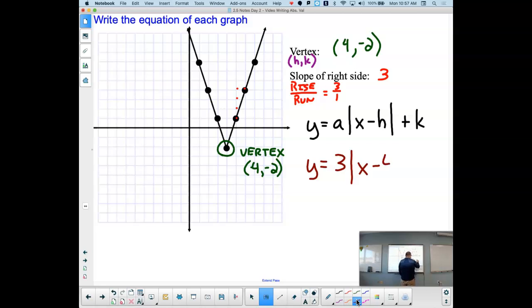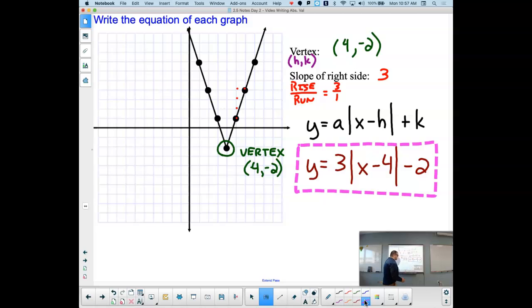H is 4, so this is minus 4, plus k. K is negative 2, so we're just going to put minus 2 there. If you wanted to put plus negative 2, that's fine, but to be mathematically sound, we would just put it as that. Okay?